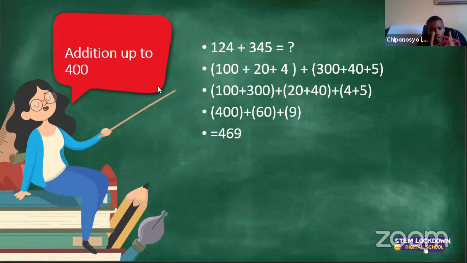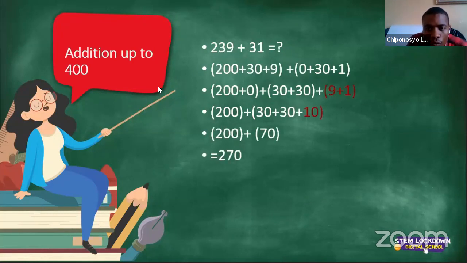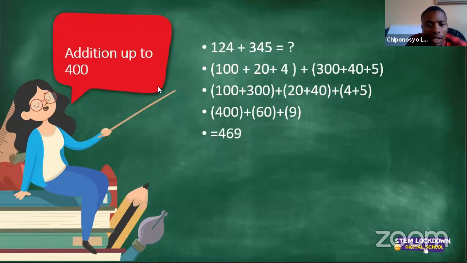So 100 plus 300, which is what? 400. Then we have 20 plus 40, which is what? 60. Then we have 4 plus 5, which is 9. All in all gives us what? 469.